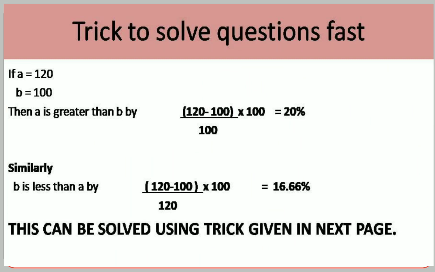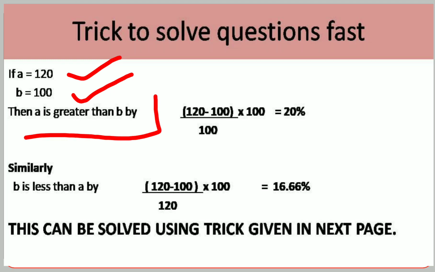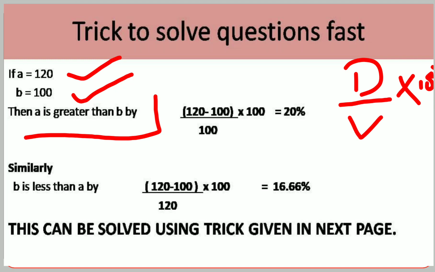See, consider A as 120, B as 100. Here I will also tell you the common mistake made by all the students, right? See, then A is greater than B by what percentage? So difference upon value into 100. This is our traditional method.